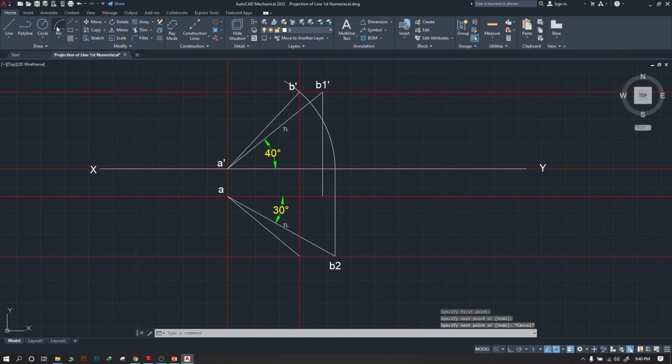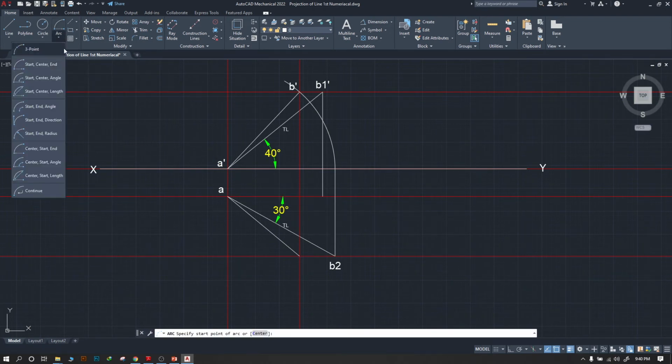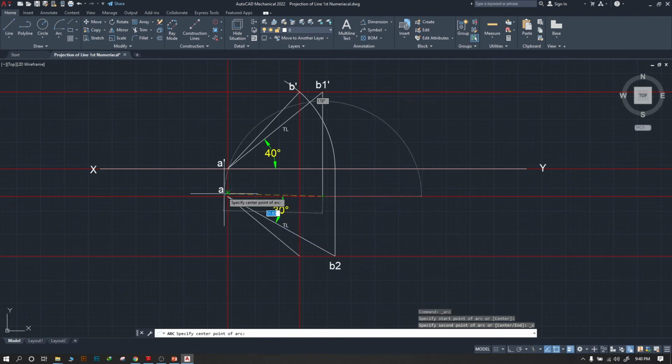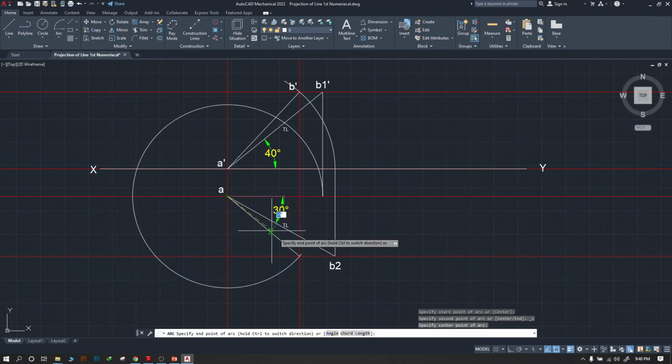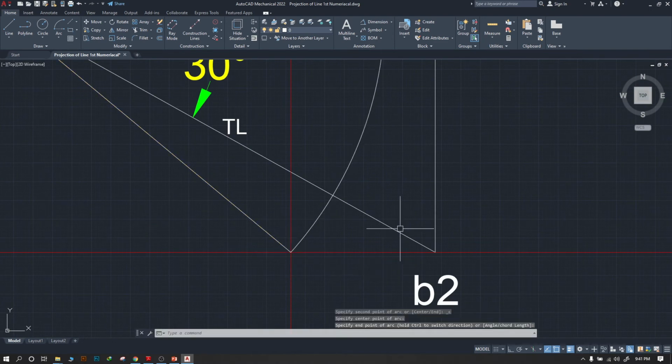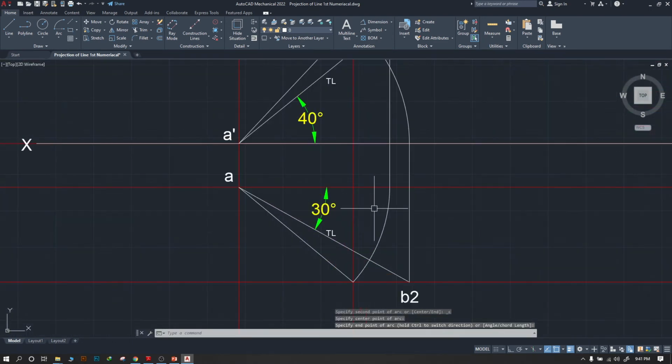Okay, and now we will mark the arc from this as a starting point. A is the center, and now we will press the hold button to shift this particular. So as you observe, both the methods are correct.